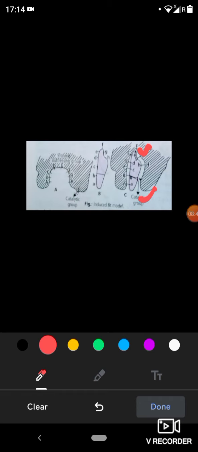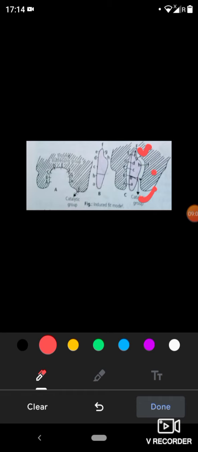The catalytic group helps in bringing about the chemical reaction, and the substrate is converted into the product, and the product is unable to hold on to the buttressing site due to the change in its structure and bonds. So the buttressing group reverts to its original position, and only after that the product will be released.